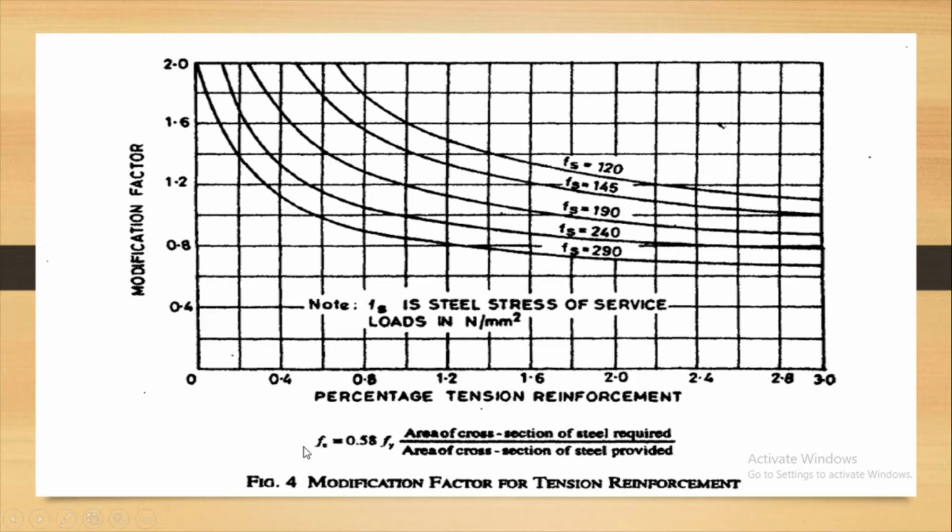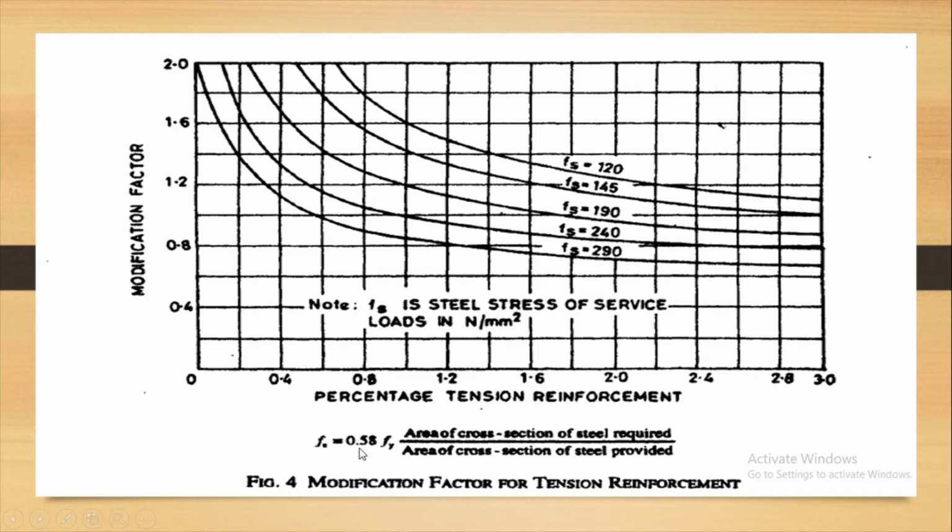And for calculating Fs, we have here the formula 0.58 into Fy into area of cross section of steel required divided by area of cross section of steel provided. Here what I am doing is I have assumed the ratio of these two areas as 1, and we have Fy, the yield stress of steel, as 500.